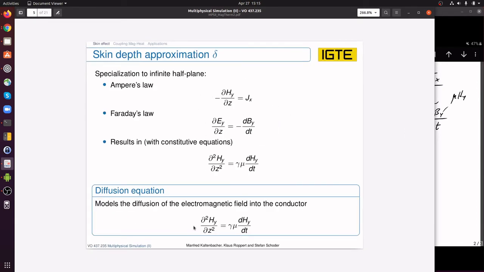So this is again Ampere's and Faraday's law in this infinite half plane, and here is the final diffusion equation that I've derived, that we will be considering. So this models the diffusion of the electromagnetic field or electromagnetic energy in the electric conductor.